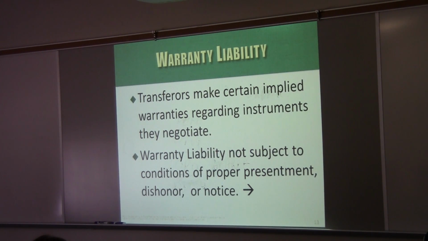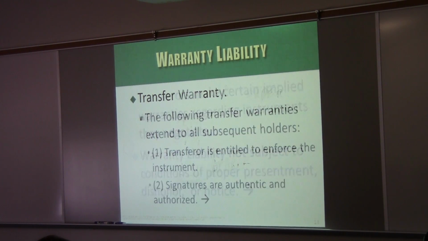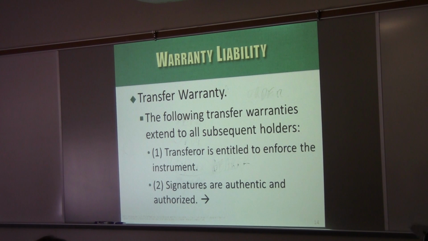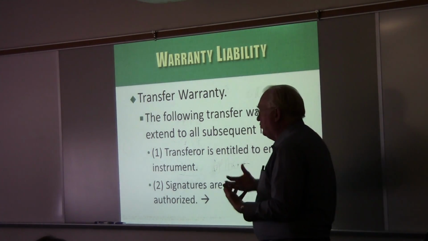Transferors, when you make an endorsement, you transfer it to the next party, and there are certain implied warranties regarding the instrument they negotiate, such as the transferor is entitled to enforce the instrument. Stated another way, Sydney, that means you are a holder and you've got the right to the paper.